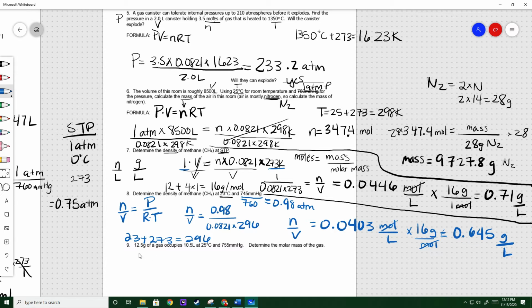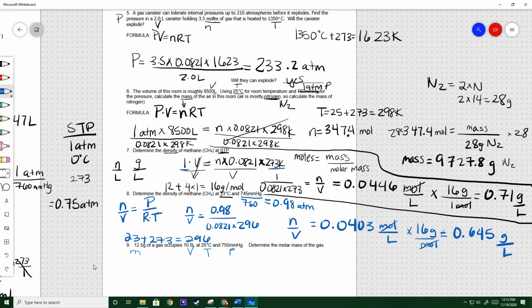Okay, and now this last one: we have 12.5 grams of gas that occupies 10.5 liters at 20. So here we have a volume, we have temperature, we have our pressure. Again, we need to convert these two. And here, instead of moles, they give us a mass.